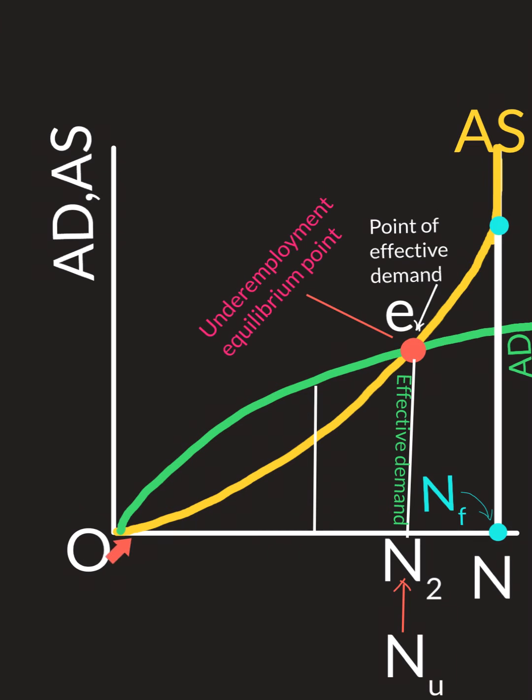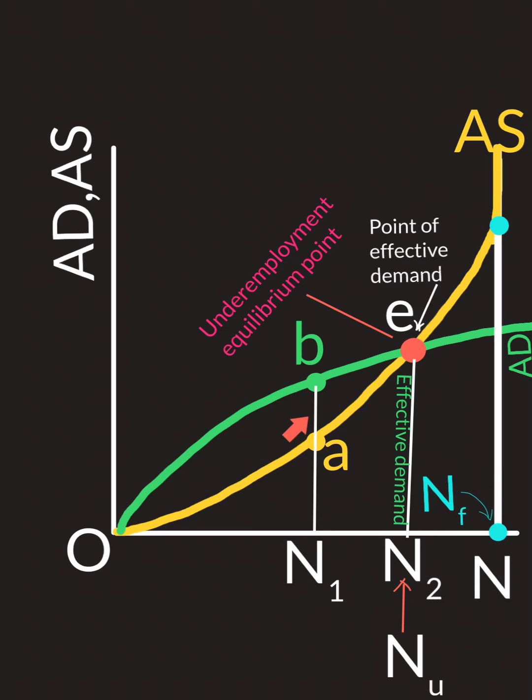Now, if the entrepreneurs desire to give employment ON1, we see that the expected receipts, that is the aggregate demand price, are greater than the aggregate supply price, that is the minimum cost necessary for sustaining this level of employment.